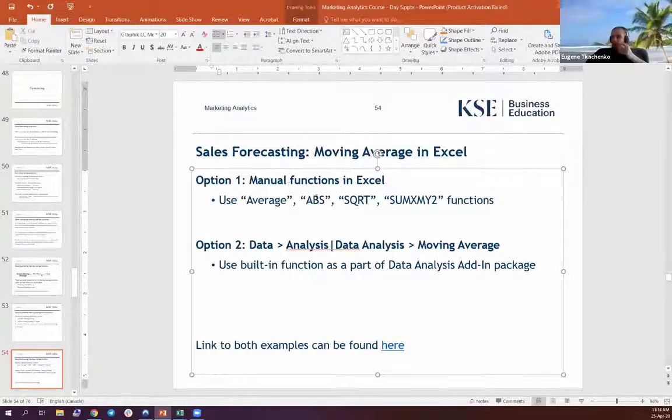However, if you got a chance to install the data analysis add-in in Excel, you can build the moving average function there as well. And as far as I remember, the moving average function is really robust in the data analysis add-in package because of the accuracy there and the way it is created, you can select and play around with weighted and exponential moving averages.